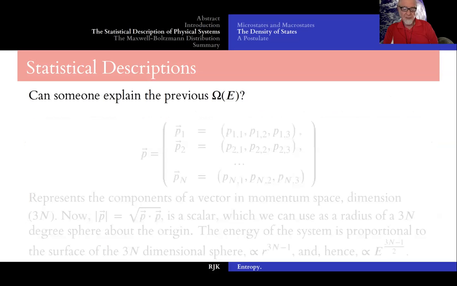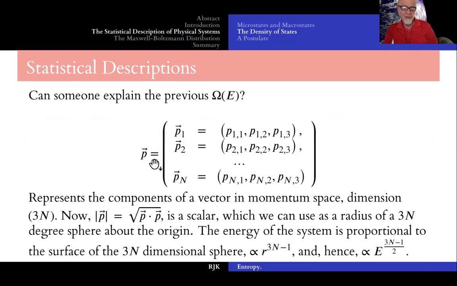Well, it actually means, if you see here, the vector P, you have each particle of the 100 particles, and each one has an X, Y, and Z, or I'll call them 1, 2, and 3 in here. So a single vector here has 300 components in it.